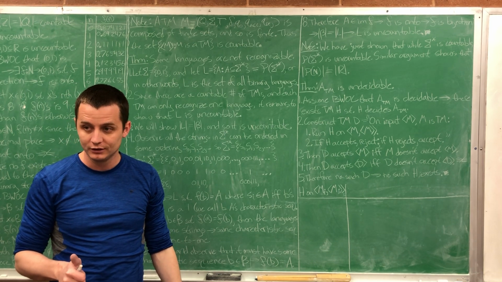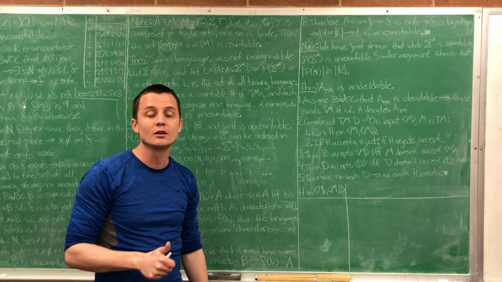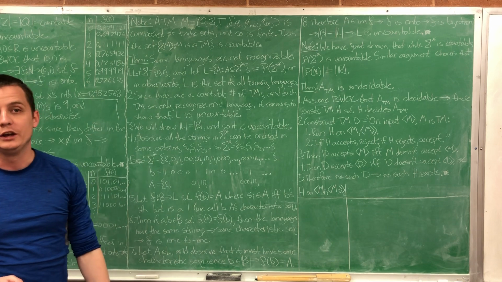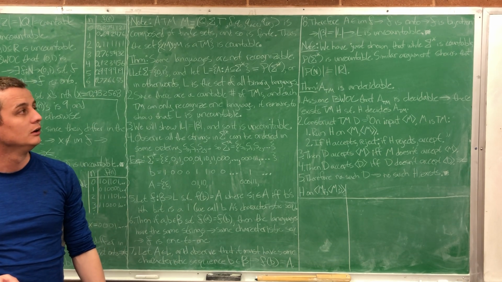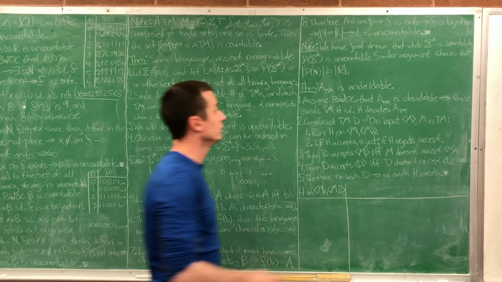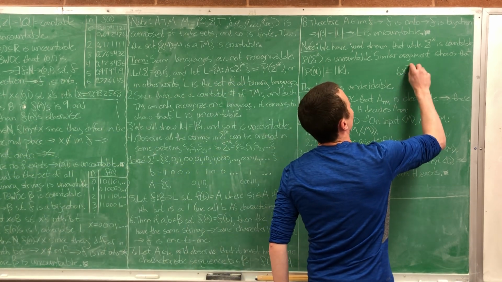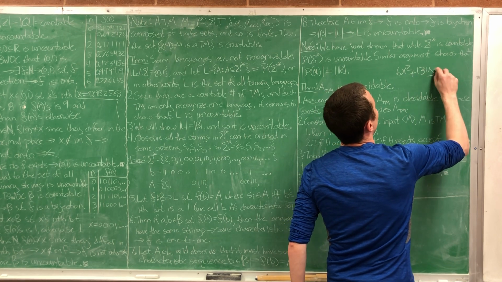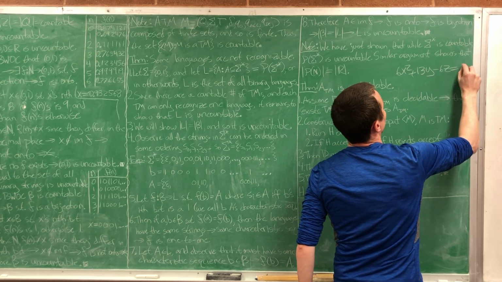Make sense, the difference? No? We go back to, you remember talking about Diophantine equations? Something that looked like 6x squared plus 13y minus 6z equal to 0.